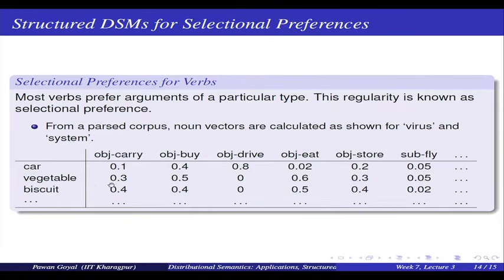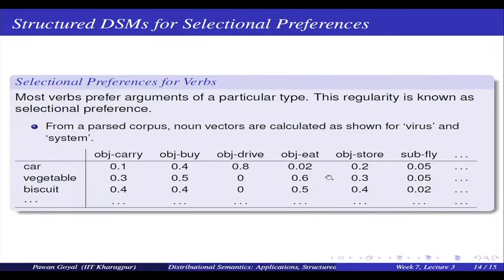Now how do I find out words that are similar to vegetables, biscuits and so on? For that I'll build a prototype. What are these words? These are words that can be carried, bought, stored, right? That means any other words that can also be carried, bought, stored might also be eaten.